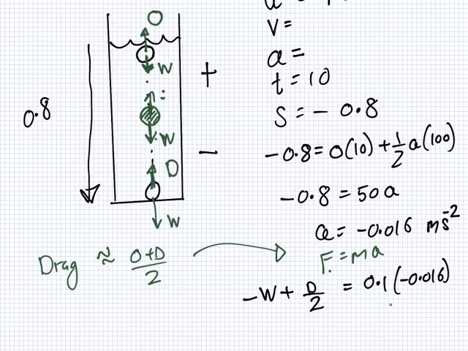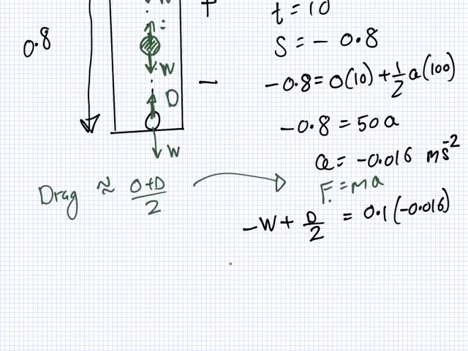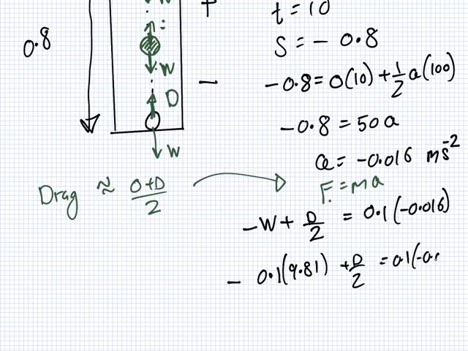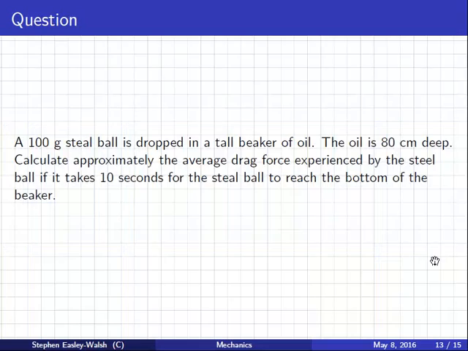And we actually have a formula for W. What's the formula for W? It's mg. So that's 0.1 times 9.81, plus D over 2 equals 0.1 times minus 0.016. Now, did I ask for the drag at the end, or the average drag, or what did I ask for?